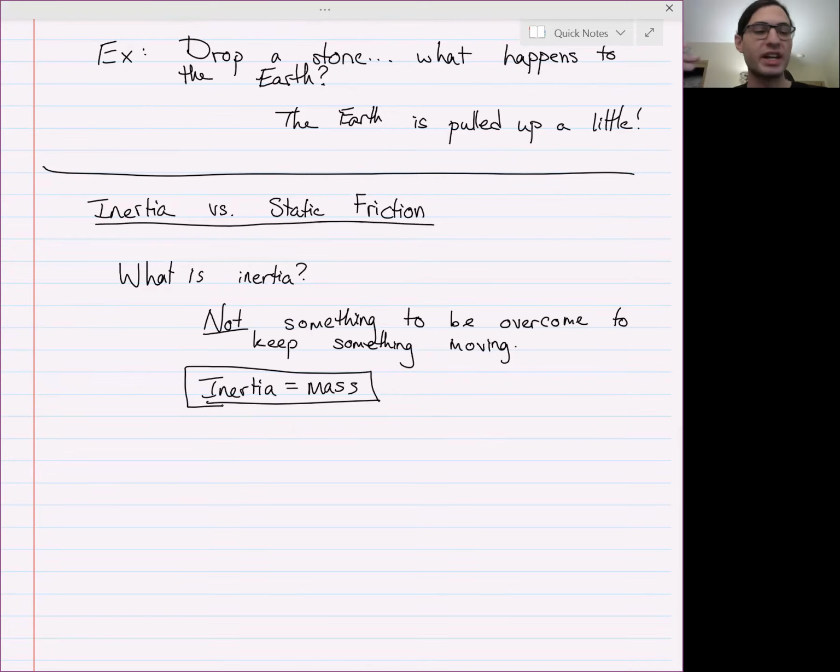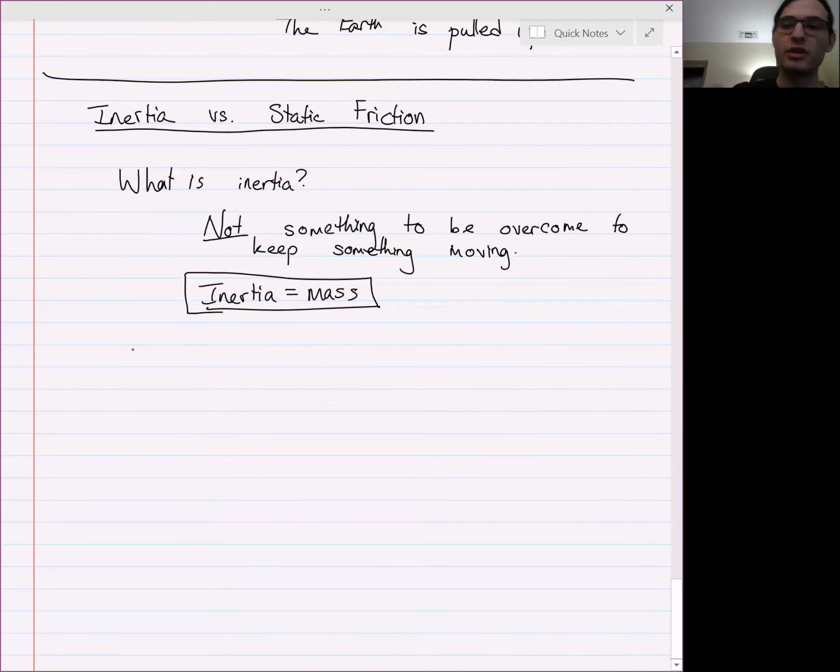So the question then is, what resists motion? People will say things like, why can't a human being just push something that's really heavy? Oh, it has so much inertia. You have to overcome its inertia to get it moving. No, that's not true. So what is it? What does resist motion?